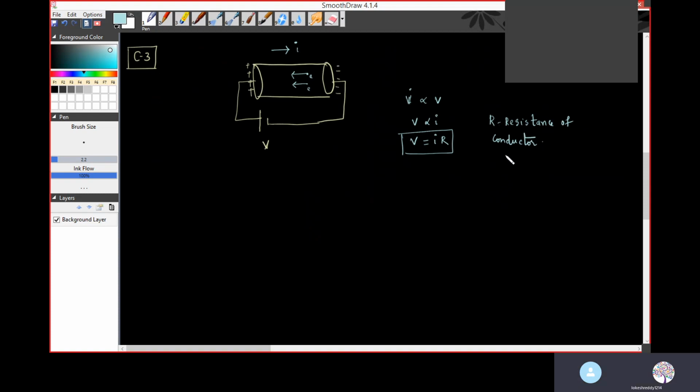Now the resistance of the conductor. Here R is a proportionality constant. This is constant means temperature has to be constant. Why? Because resistance of a conductor will change: R is equal to R naught into 1 plus alpha into delta T. So if temperature is constant, then R is equal to R naught.